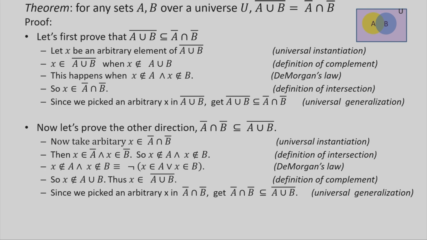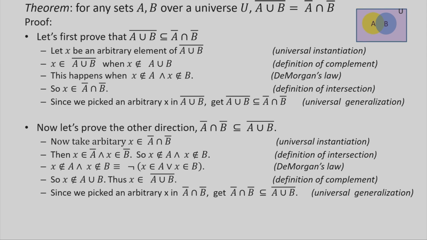So let's prove the other direction. Again, we take an arbitrary x, but now of the right-hand side set, which is complement of A intersection complement of B, universal instantiation.